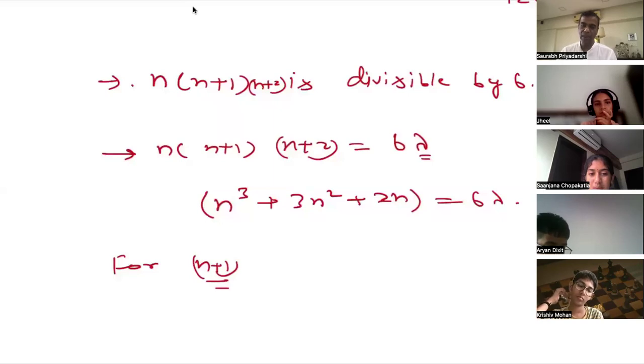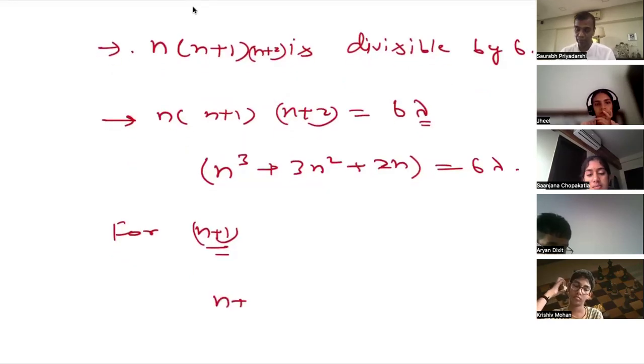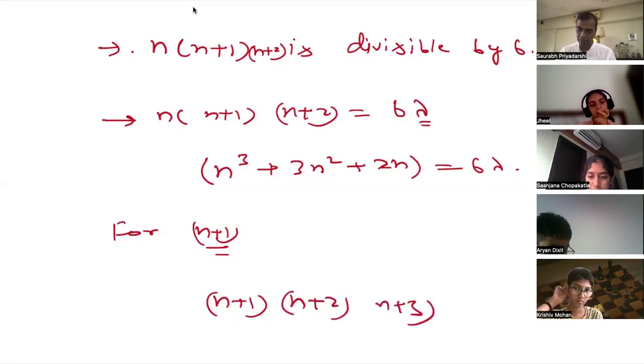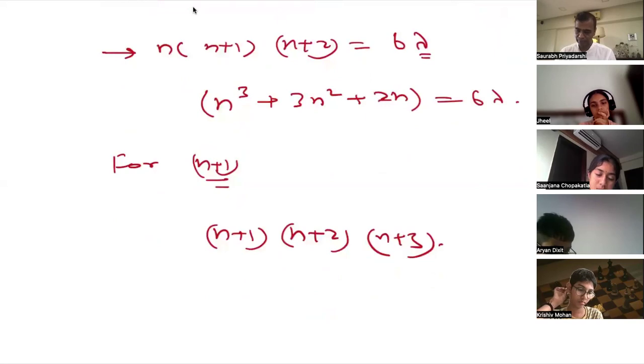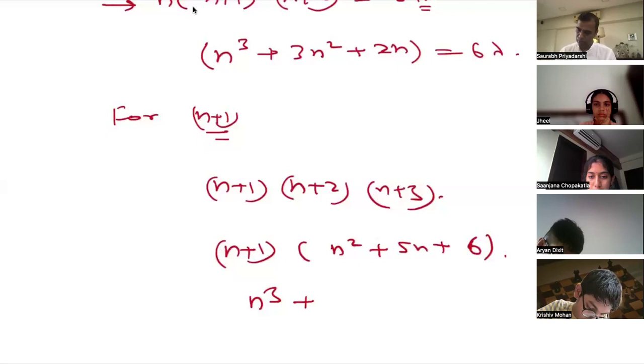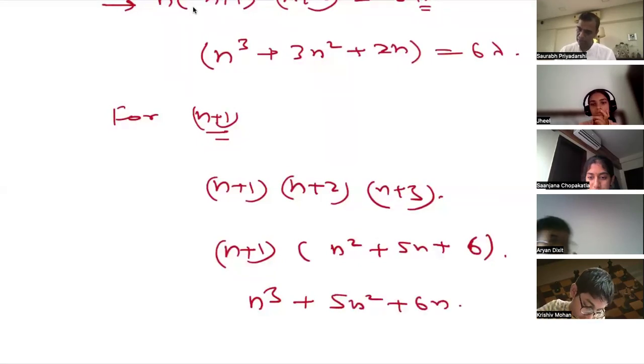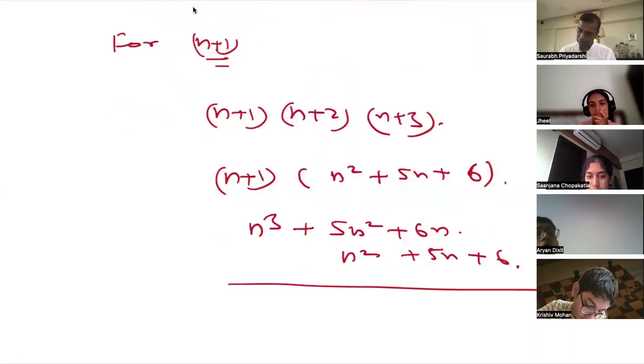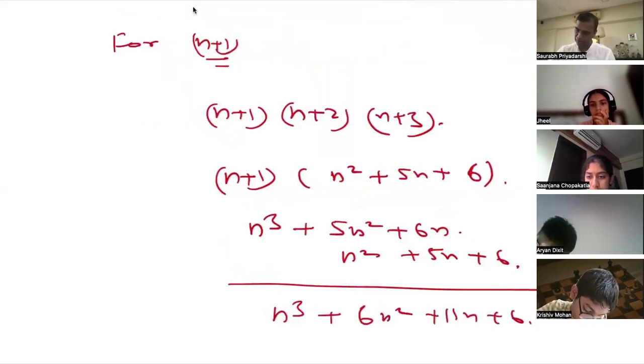In place of n, I'm putting n plus 1, so we get n plus 1, n plus 2, and n plus 3. This is n plus 1 into n square plus 5n plus 6, and multiplying, n cube plus 5n square plus 6n plus n square plus 5n plus 6, or n cube plus 6n square plus 11n plus 6.